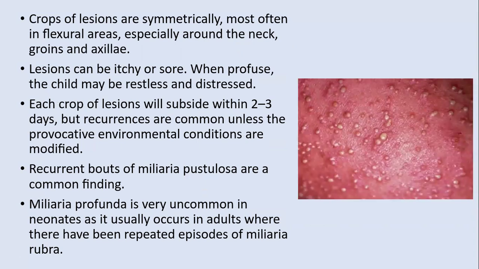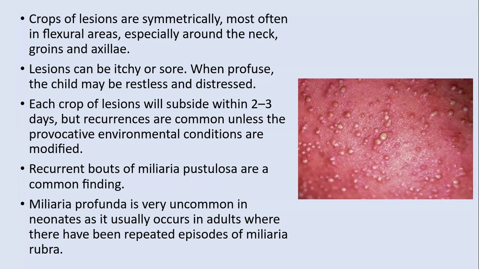These lesions are symmetrical, most often in flexural areas, especially around the neck, groin, and axilla, where the baby sweats more. Lesions are itchy or sore, so they are symptomatic, and the child is restless and distressed. The lesions keep on occurring in crops.